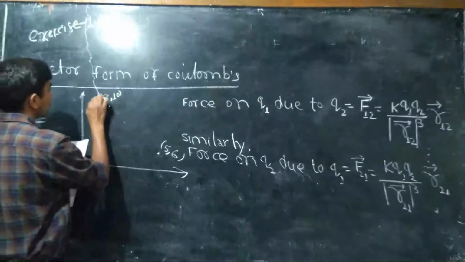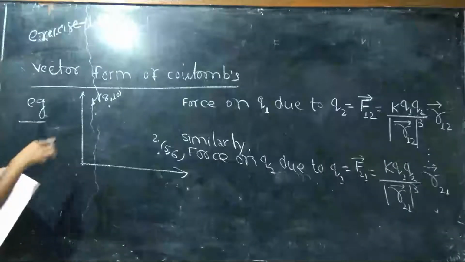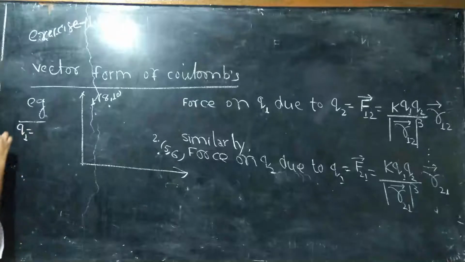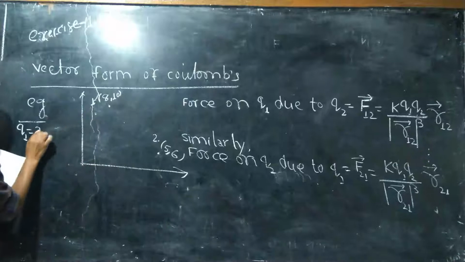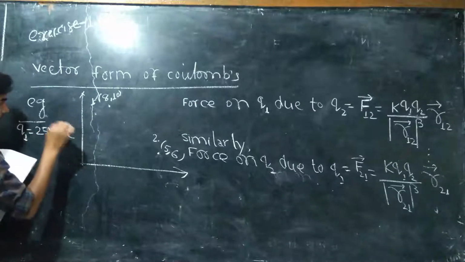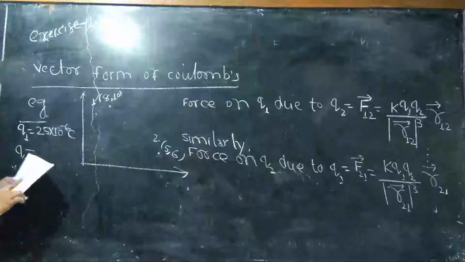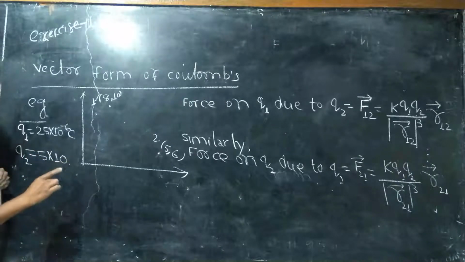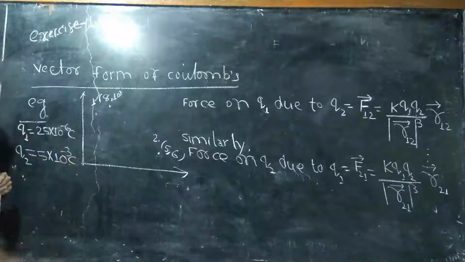And suppose this one is point 1, this is your point 2, right? Charge at 1 is 25 into 10 to the power minus 6 coulomb, right? And charge at 2, that means Q2, right? Q2 is equal to 5 into 10 to the power minus 3 coulomb, right? Okay.